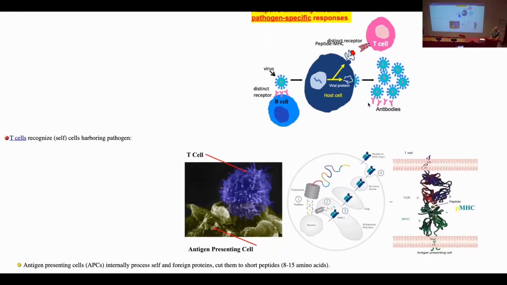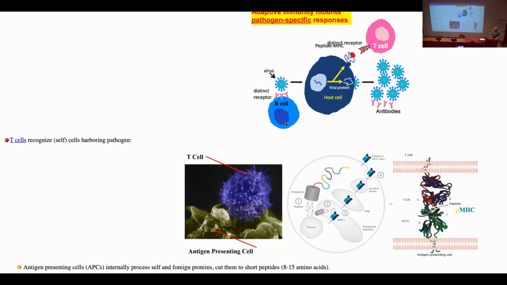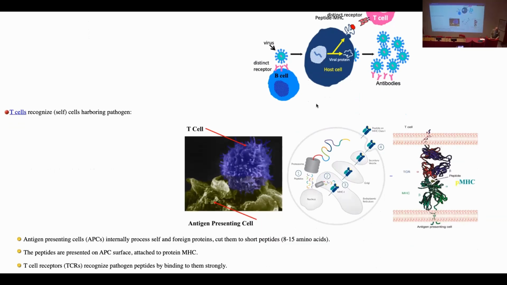So the question of how the T cell recognizes which cell is infected, the answer is as follows. Each cell has this proteasome machinery that takes various proteins that are past their useful date and cuts them into small pieces.